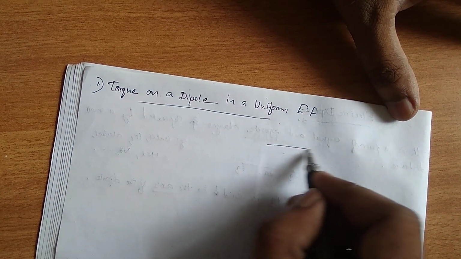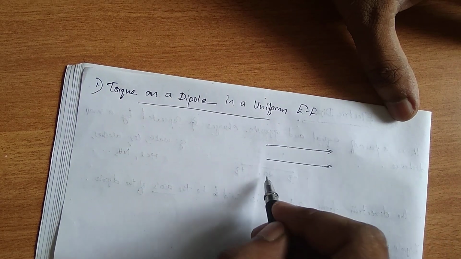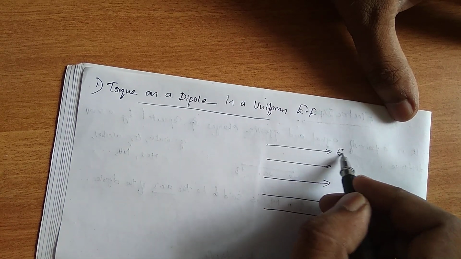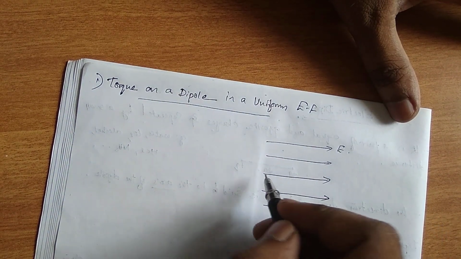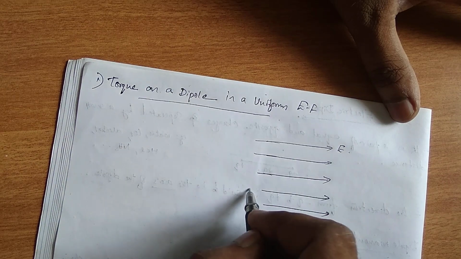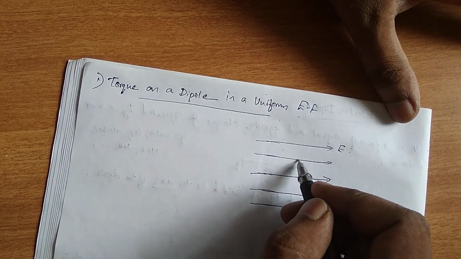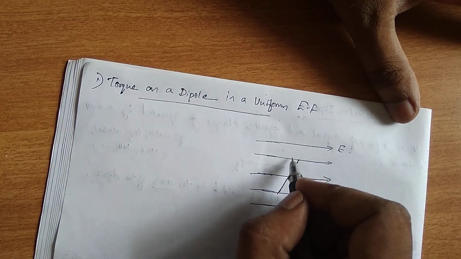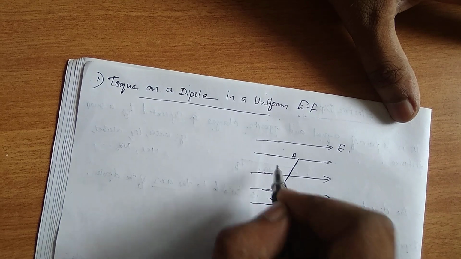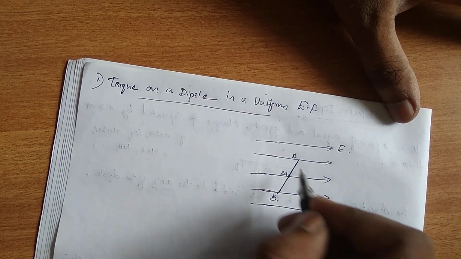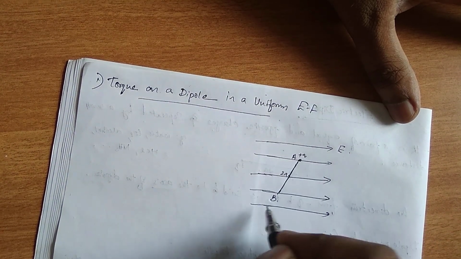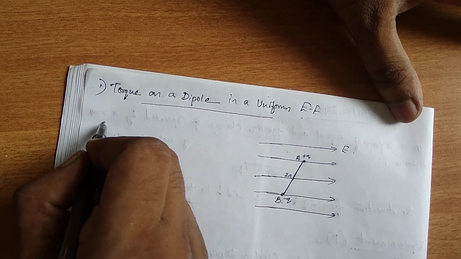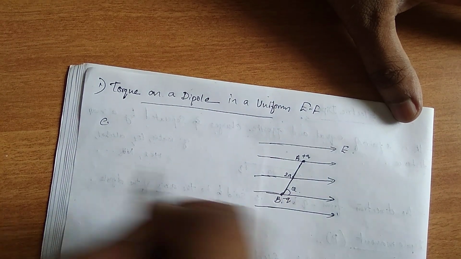Okay, consider a uniform electric field E. If we place an electric dipole like this, electric dipole AB, length is 2a. Here the charge is plus q, here the charge is minus q. Here the angle is theta.